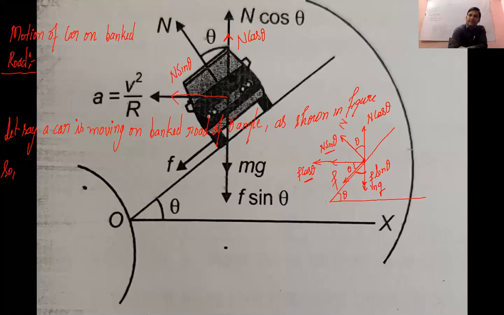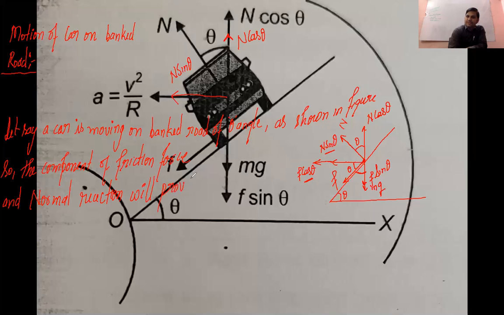So the component of friction force and normal reaction will provide centripetal force. बच्चे सेंट्रीपिटल फोर्स यही प्रोवाइड करते हैं. अगर ये प्रोवाइड सेंट्रीपिटल फोर्स नहीं करते, तो हमारी मैक्सिमम परमिसिबल स्पीड क्या रहती? कम रहती. सो फ्रॉम FBD देखिए जो मैंने बनाया, this is your FBD, free body diagram.